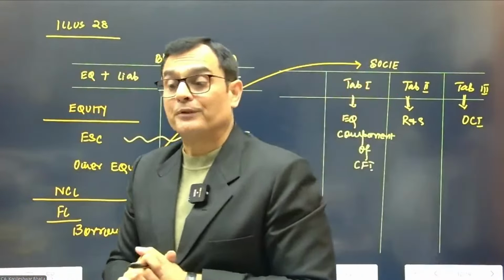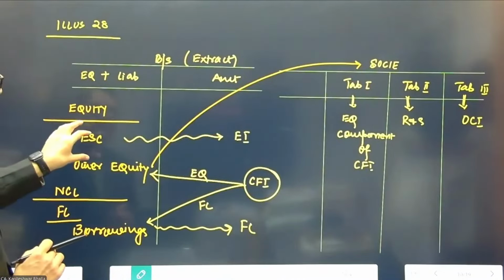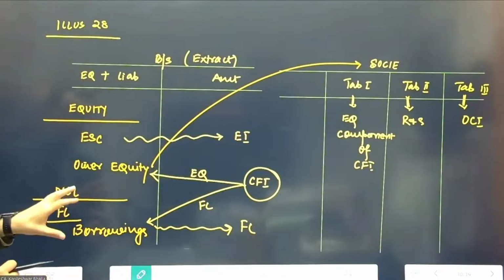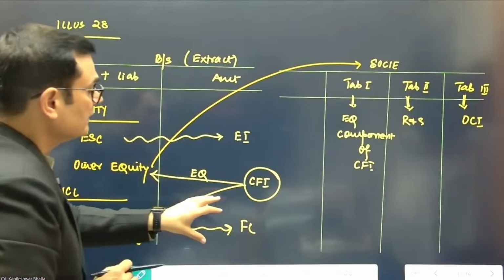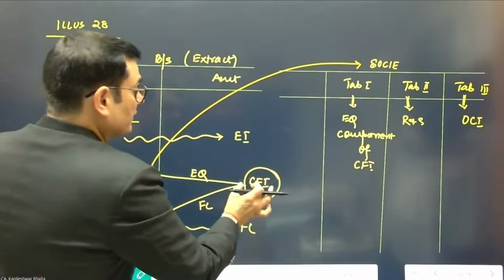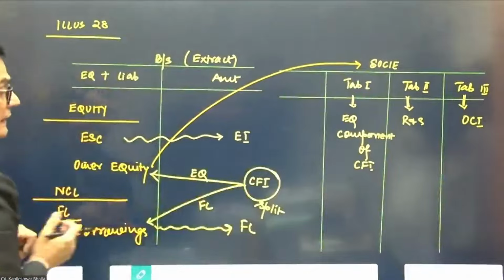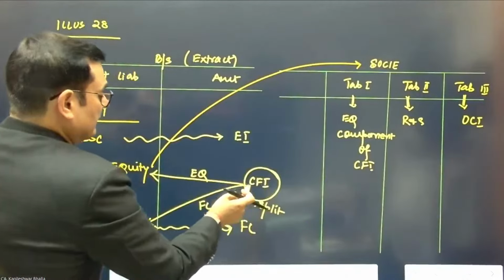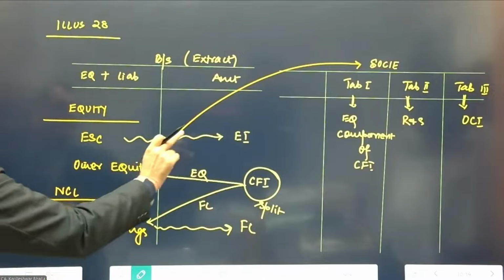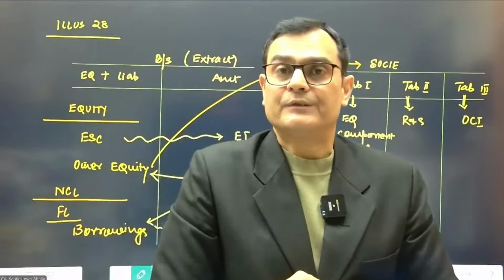When you issue an equity instrument, it appears in the balance sheet as equity share capital. When you issue a financial liability, it appears in the balance sheet as a financial liability itself. But in terms of the compound financial instruments, you need to do the split accounting, and the financial liability enters in the FL, the equity enters in the other equity, and that is called the tab 1, equity component of CFI.